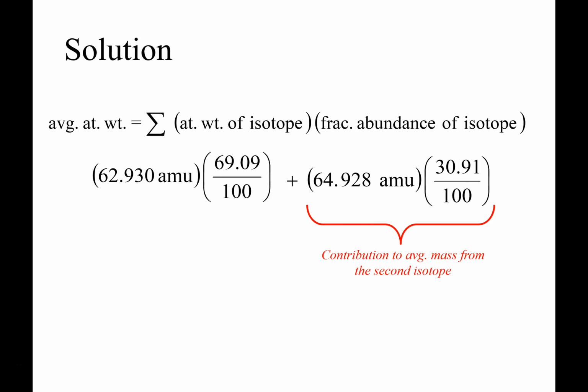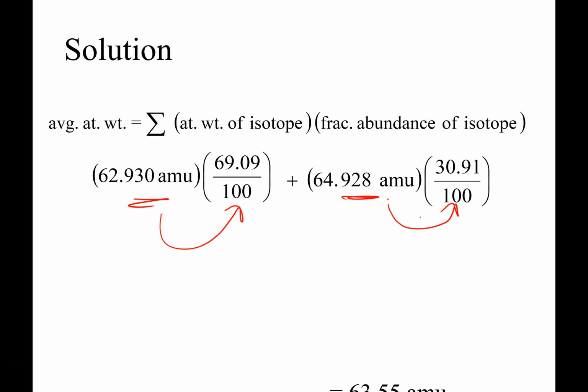The second isotope had a mass of 64.928 AMUs, and its percent abundance was 30.91, so its fractional abundance is 30.91 divided by 100. Do you see how I have weighted the contribution of these masses based upon how much of each was present in nature?